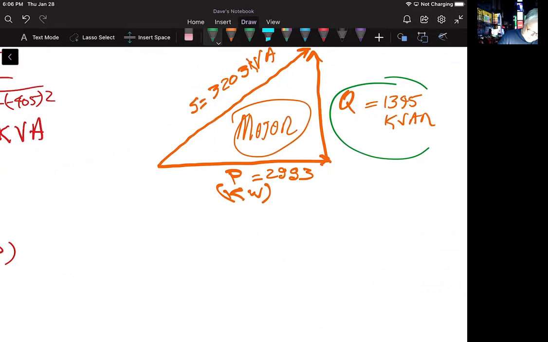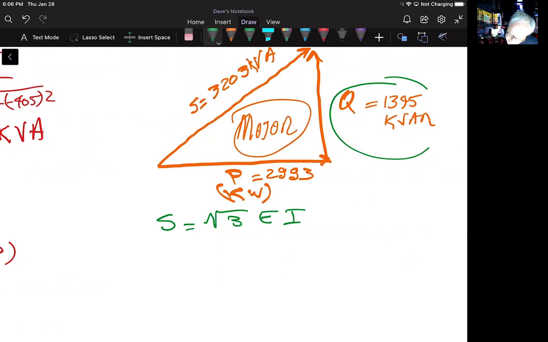The motor line current. Three-phase motor, square root of 3 times E times I, line current and line voltage.